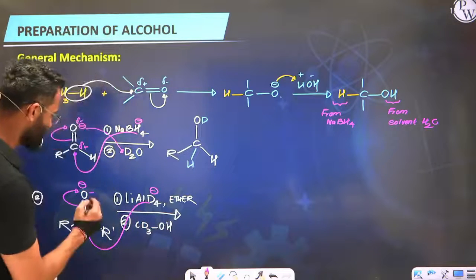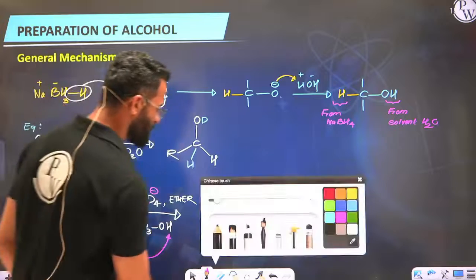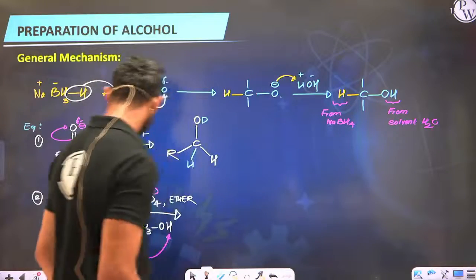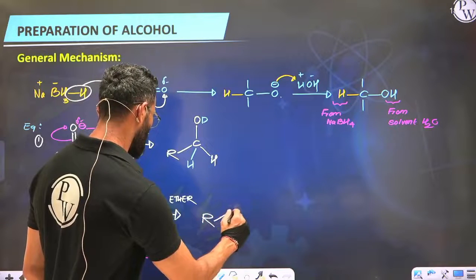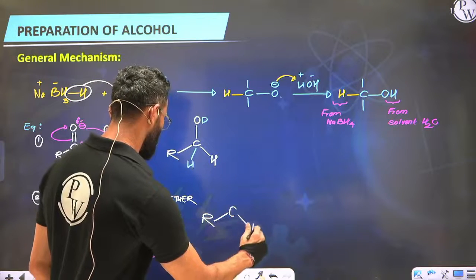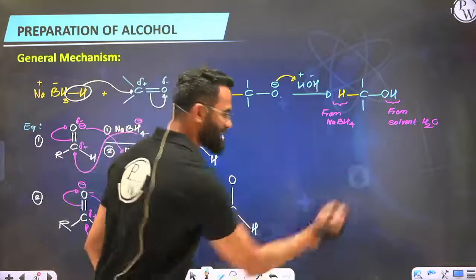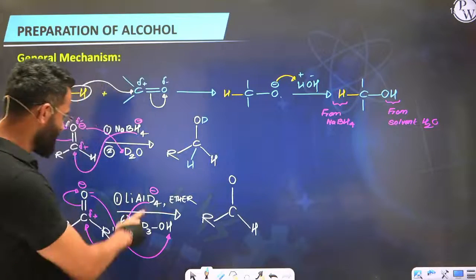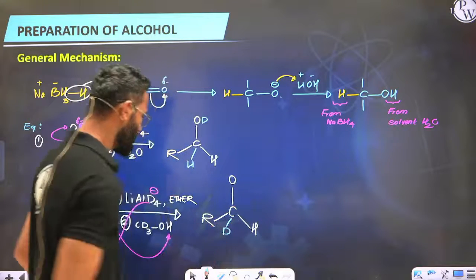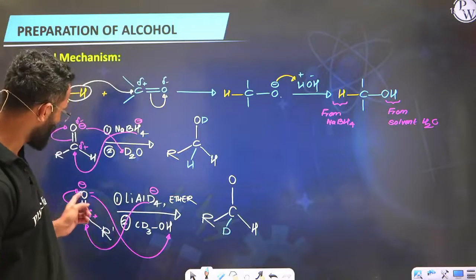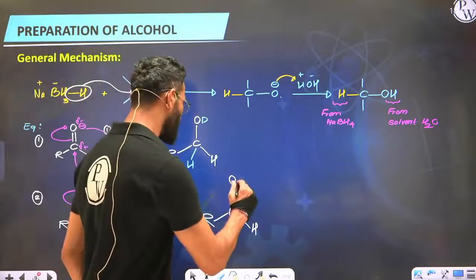Hence this is protic. So O minus will accept H plus from here, which in turn results in the formation of R, C, H, O. Now everyone, who attacked at carbonyl carbon? It's a deuteride. Just like hydride, it is deuteride. And O accepted which protic atom? H from oxygen. So here I'm going to get certainly H.